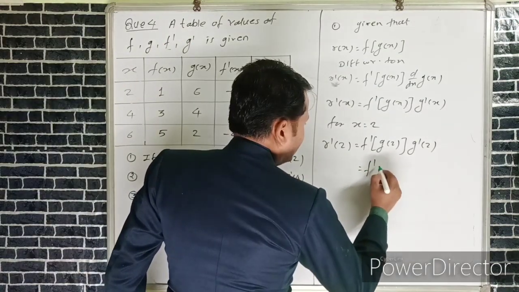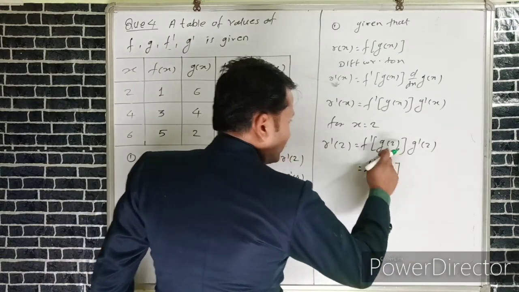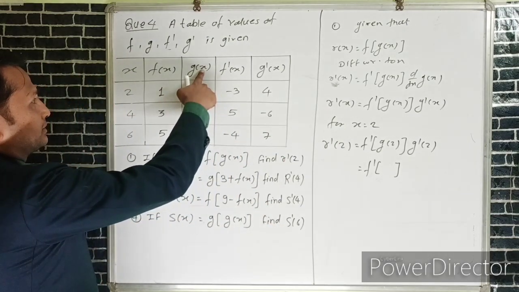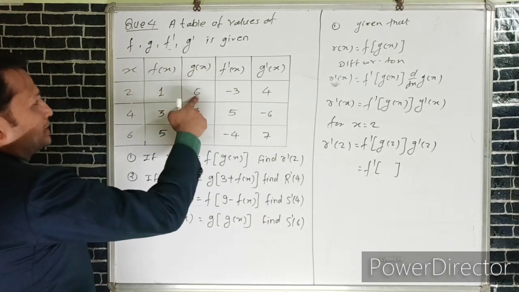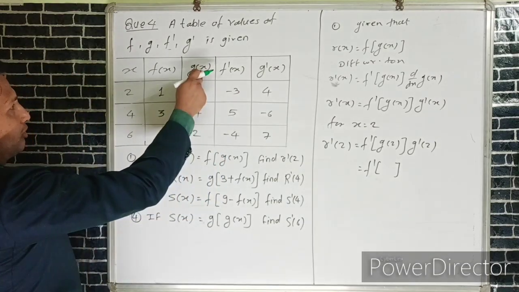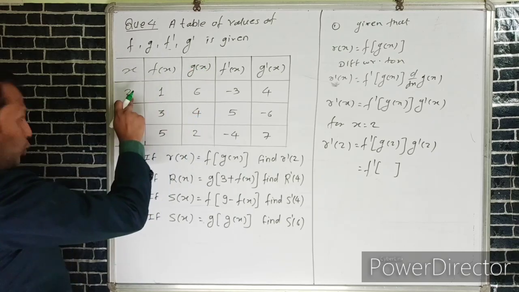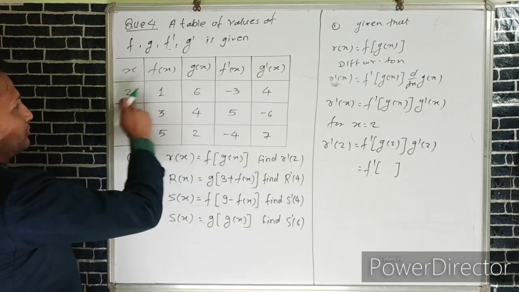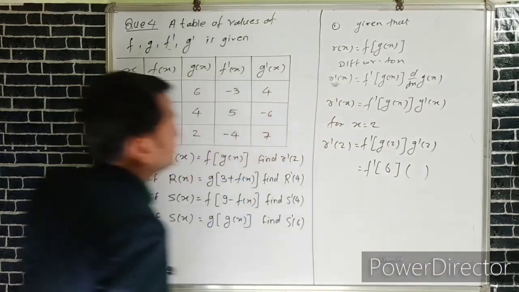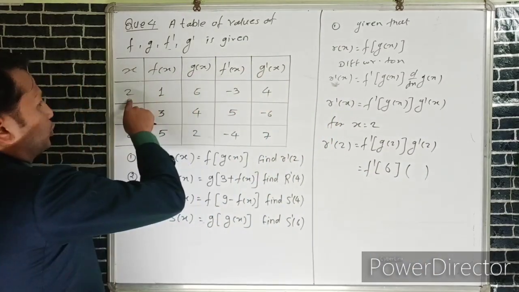We can write f dash as it is. The value of g of 2 is 6, and g dash of 2 is 4.